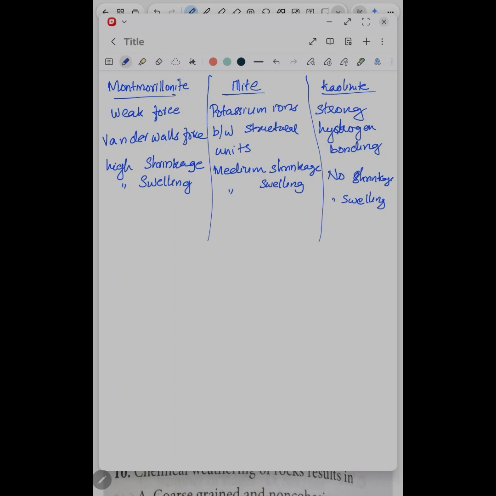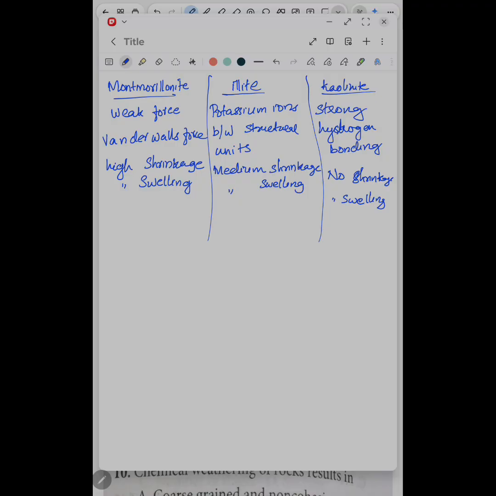Montmorillonite has weak van der Waals force between the units, so high shrinkage and swelling. Illite has potassium ions between the structural units, so medium shrinkage and medium swelling. Kaolinite has strong hydrogen bonding between structural units, so no shrinkage and no swelling.